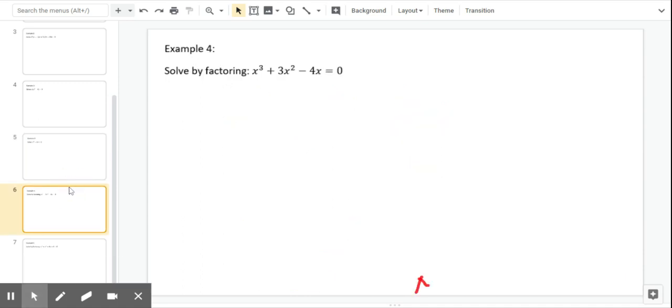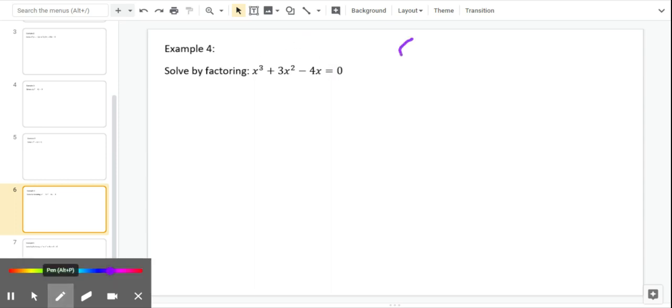All right, so next one, solve this by factoring. In this case, this is a cubic polynomial. It's not 4 terms, so I can't do it by grouping. It's not a sum or difference of 2 cubes. So let me check for a GCF.